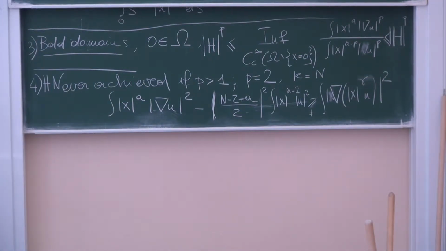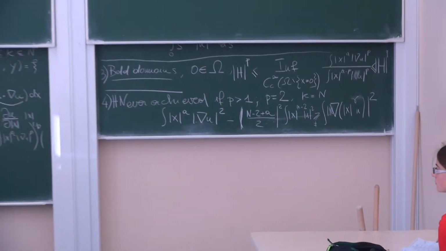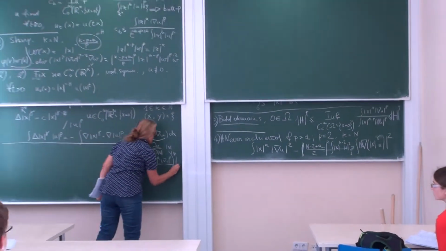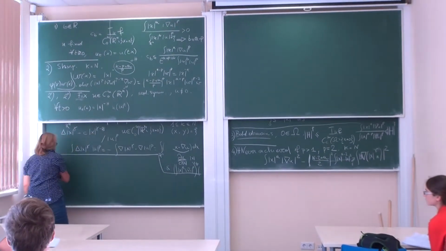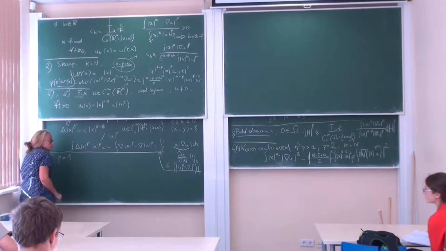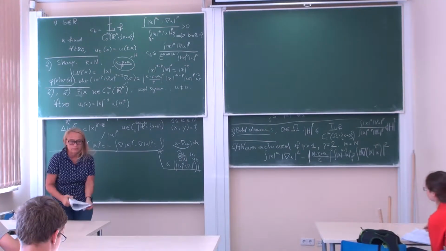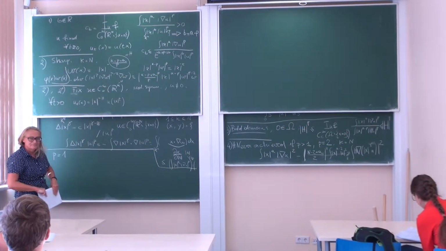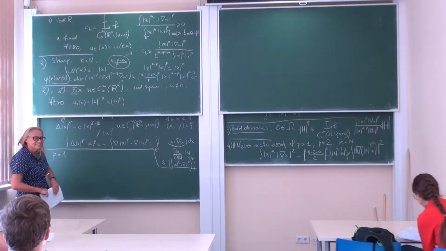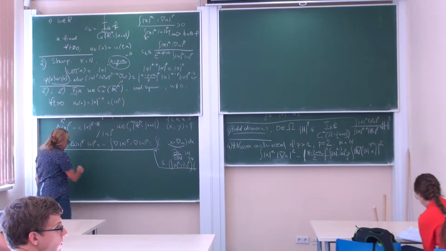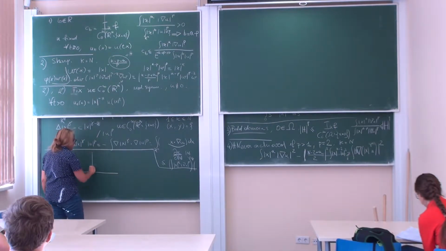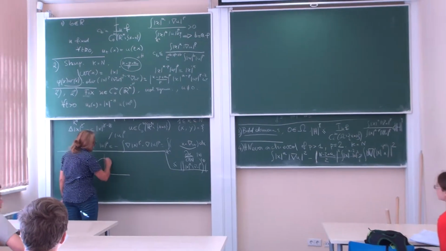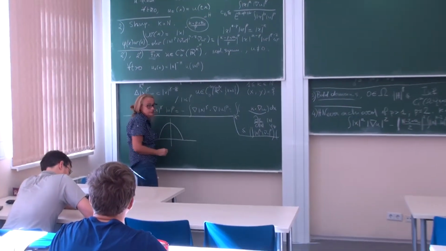I want to ask you if you made the exercise about P equals 1. In contrast, the best Hardy constant for P equals 1 is always achieved by a plethora of extremals. Have you found the extremal? Take any radial function. It is achieved on Rn and on any bounded domain.